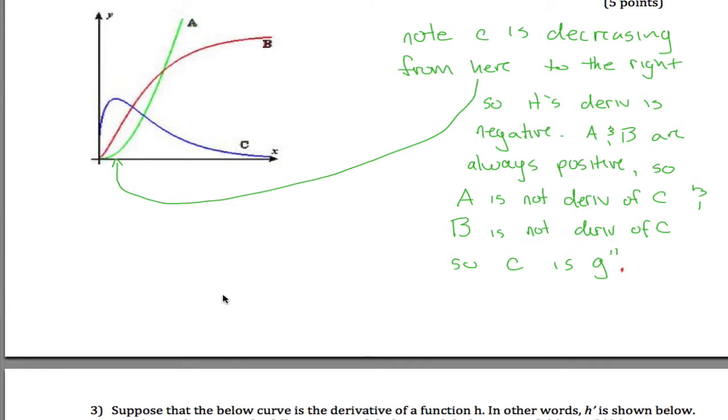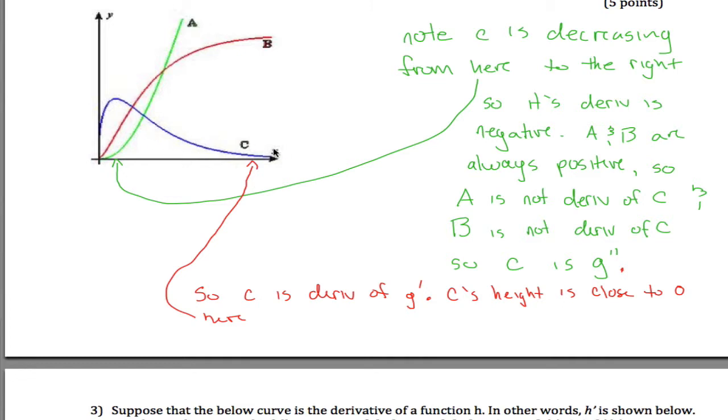So maybe I'll continue in a different color here. C is the derivative of G prime. So we look at C here, and it's the derivative of either A or B. C's height is close to 0 here.